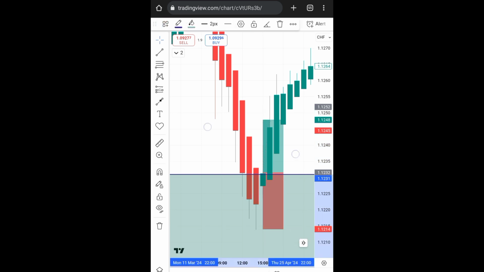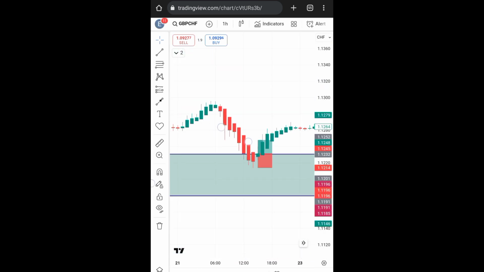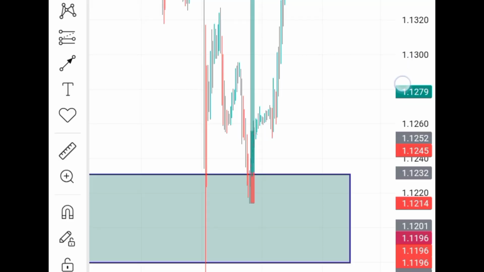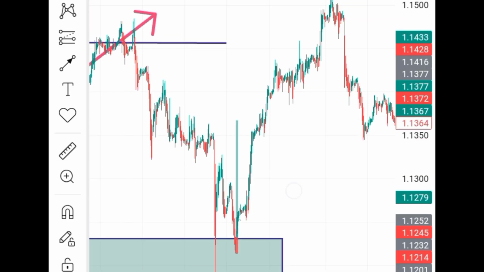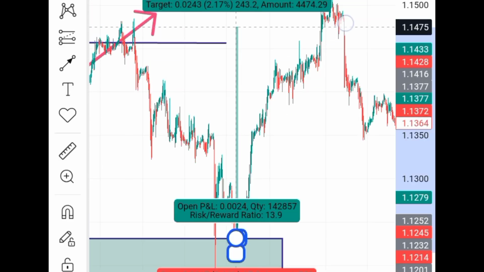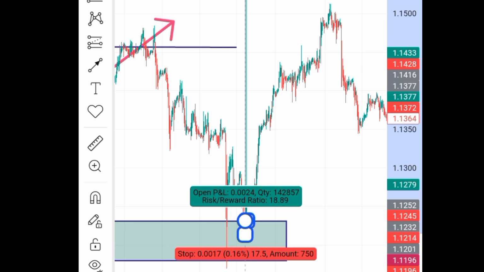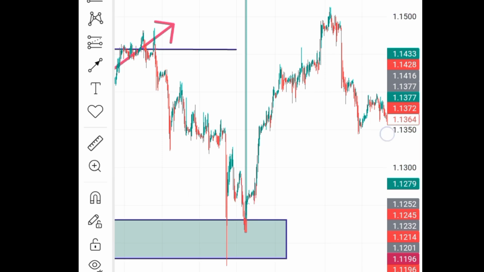So that is the two things. Your target will be 1:20, or you target this first high which the market came from, which gives you 1:14 already. You go for your 1:20, which is right there.